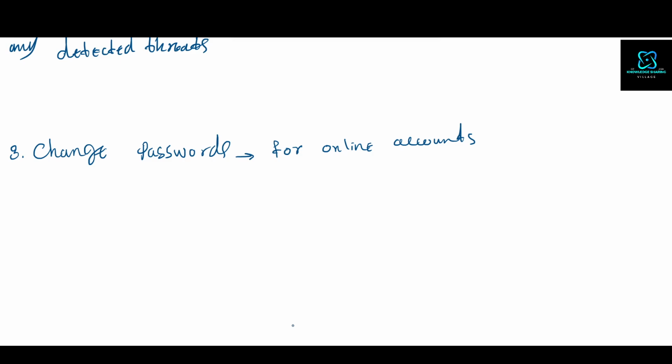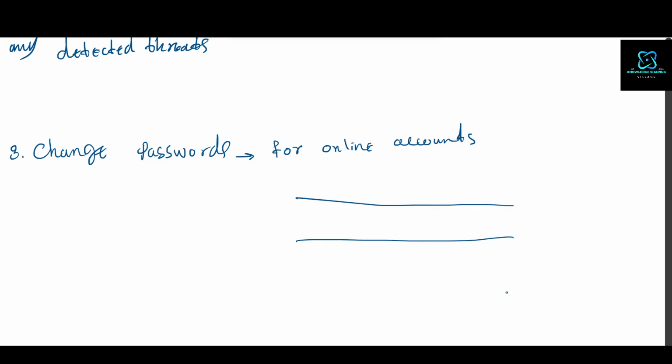For example, you should not have the same password or username for all of your accounts. If your device has been compromised and you have the same username and password for all of your accounts, then the attacker can access all of them at the same time. Again, here comes the highway illustration that I used before.